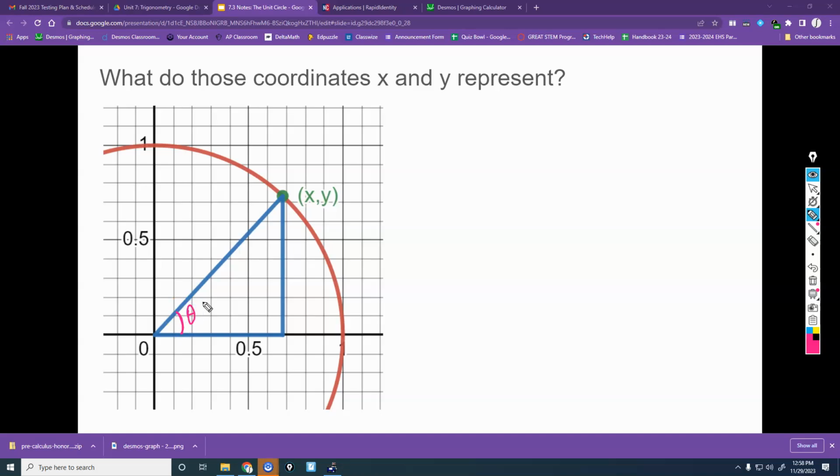That's the variable we like to use for angles a lot of times. The length of this side right here would be our x coordinate. The length of this side right here would be our y coordinate. It is still true that the hypotenuse right there is 1 because it's still a radius.